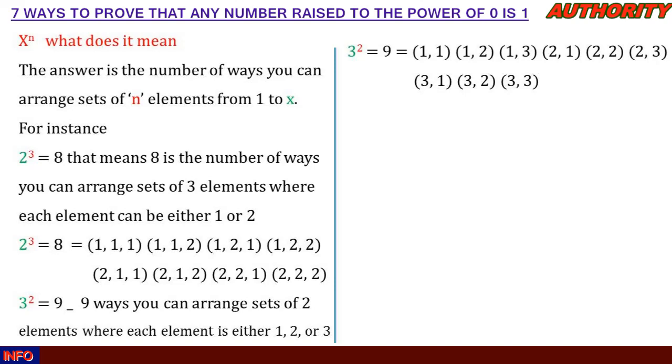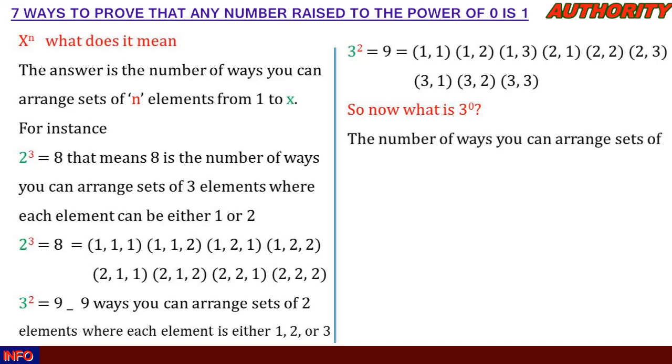Now I bring this to establish a fact. The question is this: what does 3 raised to power 0 mean? 3 raised to power 0, or any number raised to power 0, using the idea of arrangement or the idea of sets, what does it mean?